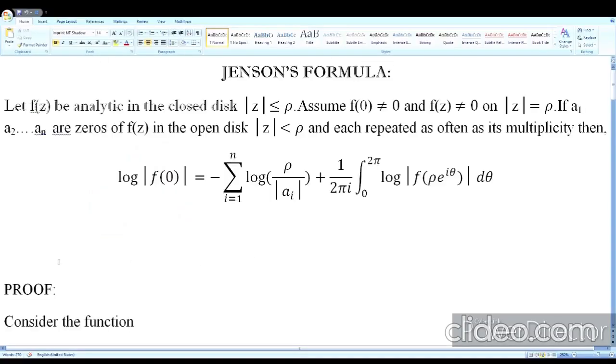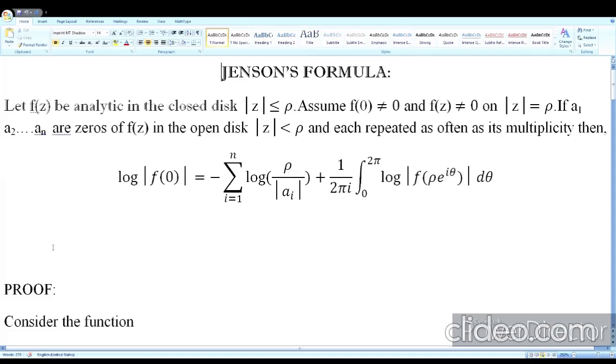Now let us state and prove Jensen's formula. Statement is, let f(z) be analytic in the closed disk |z| ≤ ρ. Assume f(0) ≠ 0 and f(z) ≠ 0 on |z| = ρ.